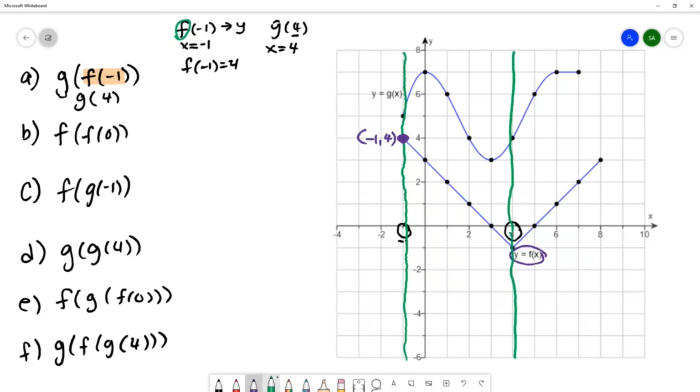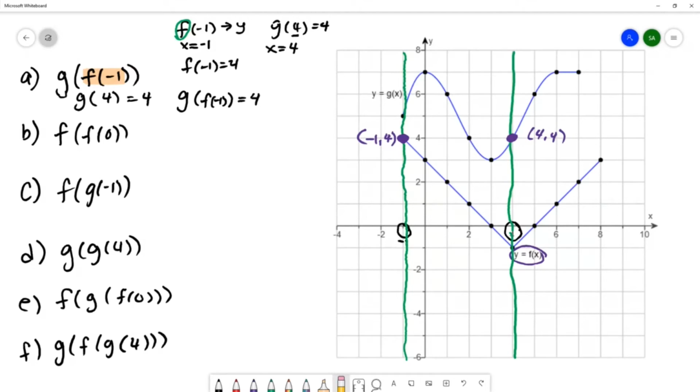We're interested in this point here because it's on the graph of g. That ordered pair would be 4, 4. So we know that g of 4 is 4, the y value at that point. And that means that our expression g of f of negative 1 is equal to 4. So that's the answer to part A. g of f of negative 1 is 4.